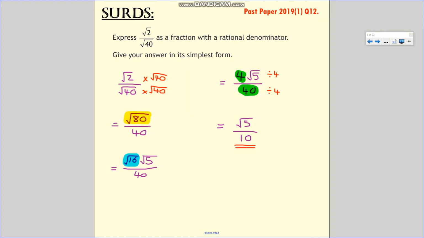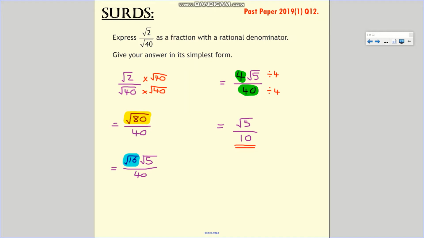Then I took out any square roots that I could, so root 16 turned into 4. And finally I checked for a common factor on the top and bottom of my fraction to see if the fraction simplified. It did, because I was able to divide by 4 on the top and bottom, and I got my final answer of root 5 over 10.